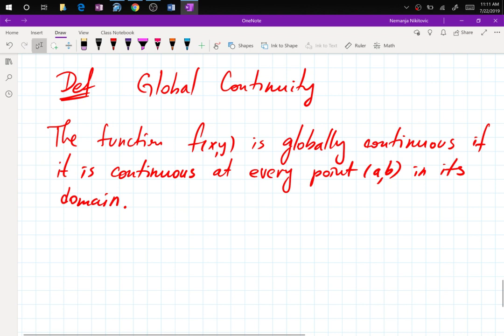Something like that. So global continuity, very simple, right? If the function is continuous at every point, then it's continuous globally. And for continuity, the same things you are used to breaking continuity will still break continuity.